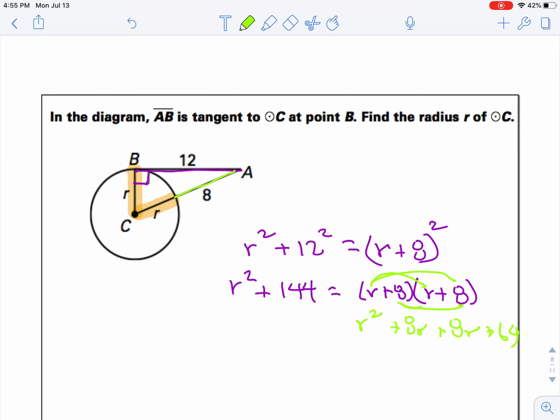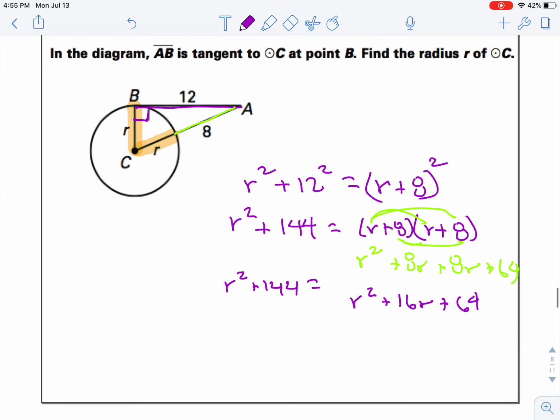So we multiply all the terms together, all the different combinations, and what that gives us is r squared plus 16r plus 64 equals r squared plus 144.